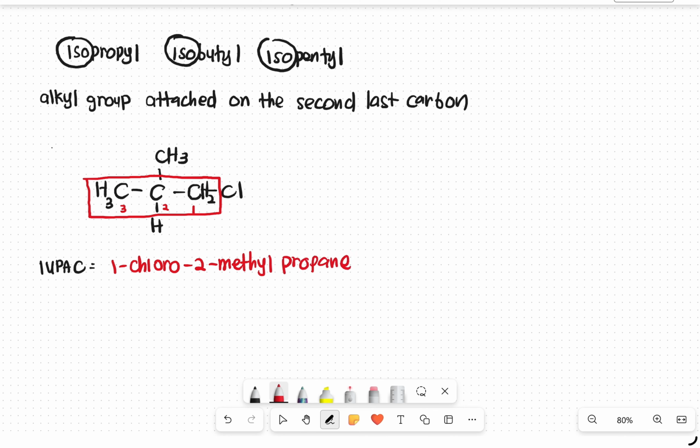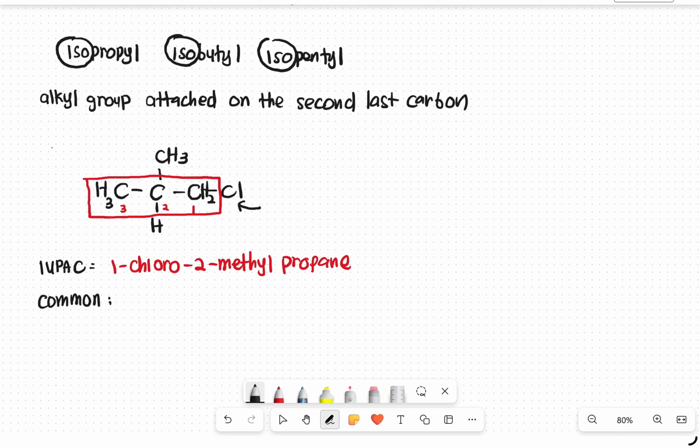But for common names, you have to identify the alkyl group. So when you look at this Cl, all of these are the alkyl group.